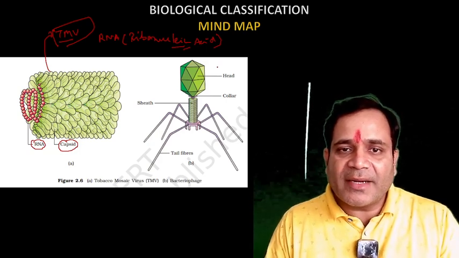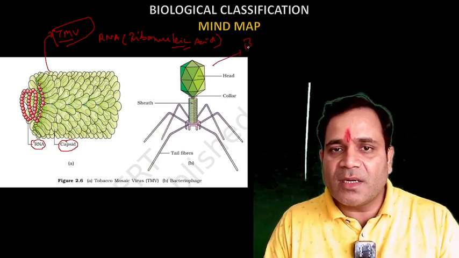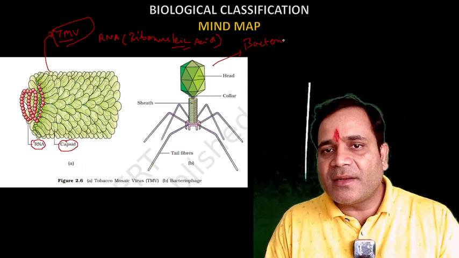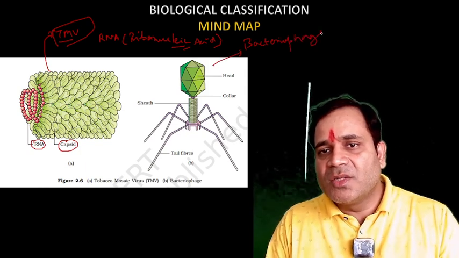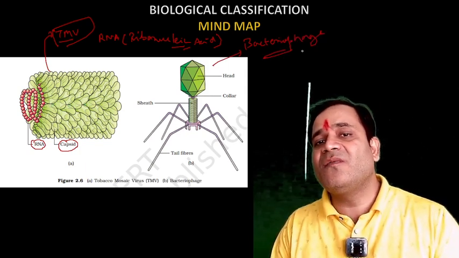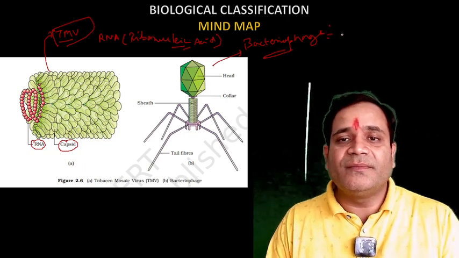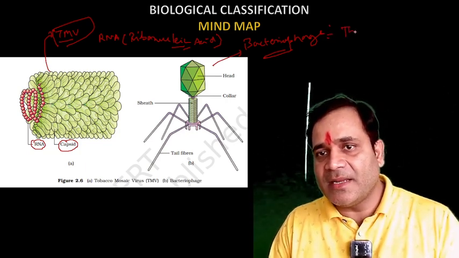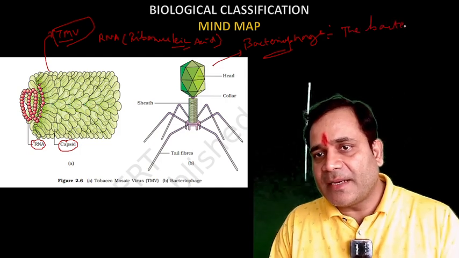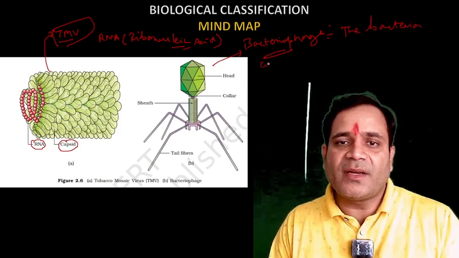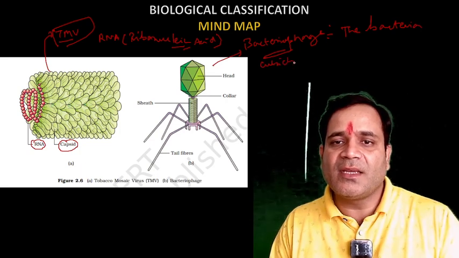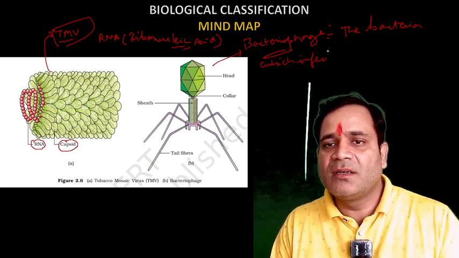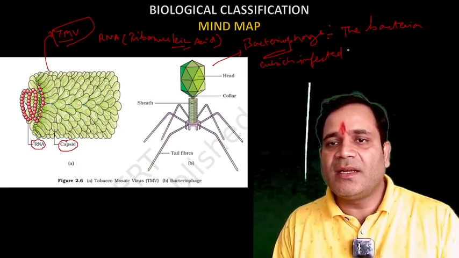And what about the bacteriophage? See, this is a bacteriophage, my dear. If I'm saying bacteriophage, it means the bacteria infected by the virus. Bacteria which are infected by whom?